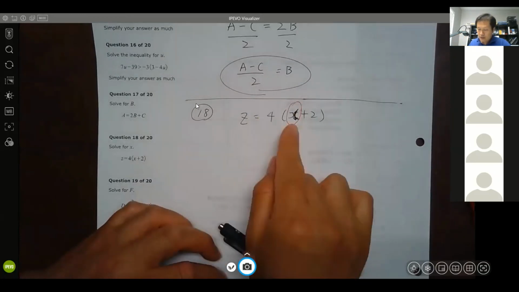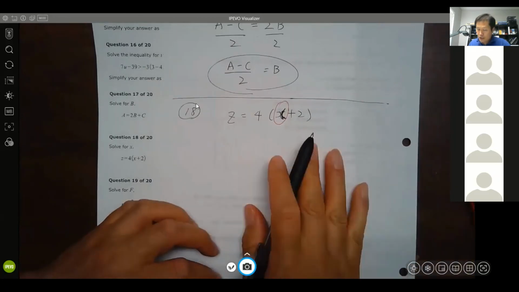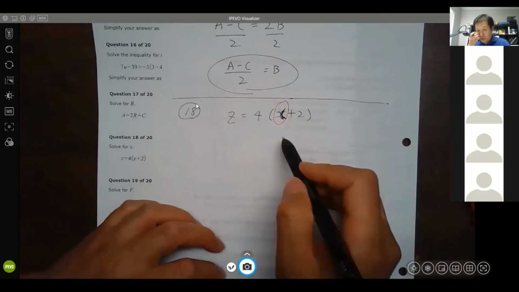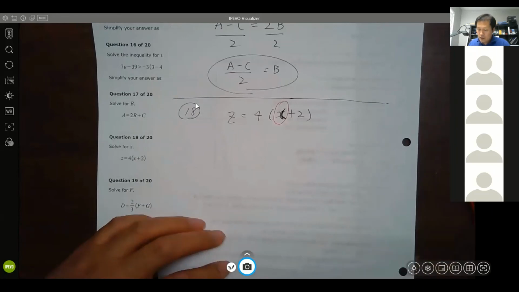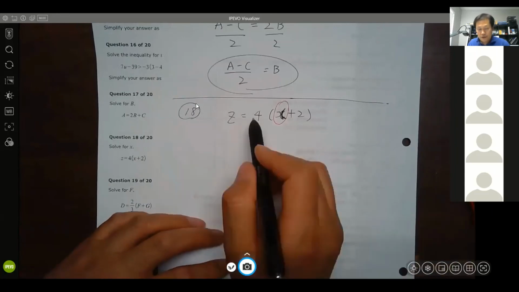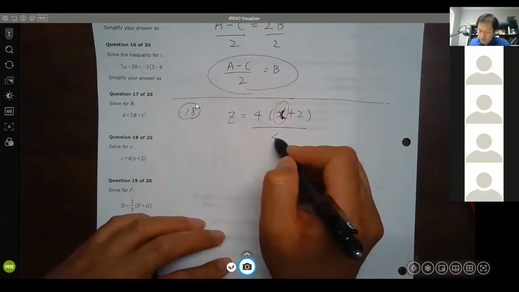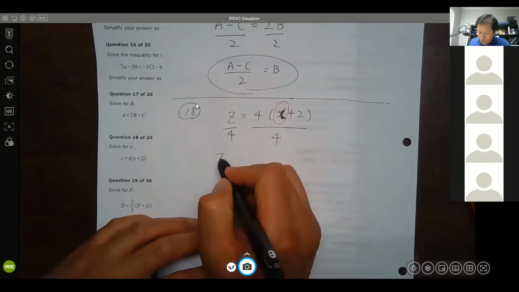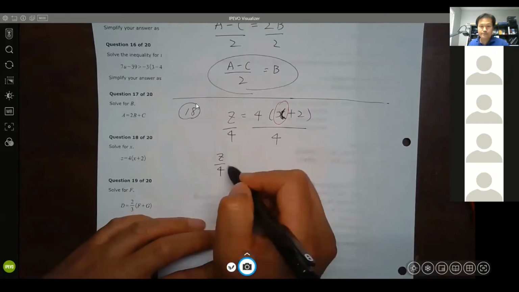Nothing wrong with it. I might show you that at the end, just to show you it might look different. What I'll do is get rid of 4 first, meaning divide by 4 on both sides. So z over 4 equals x plus 2.